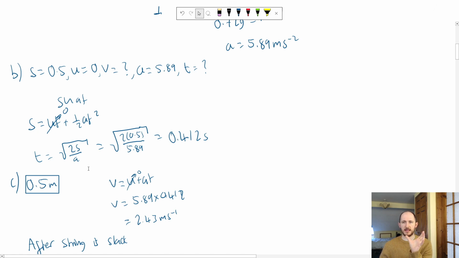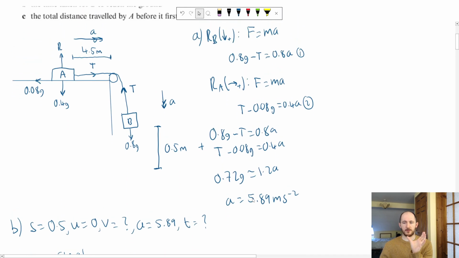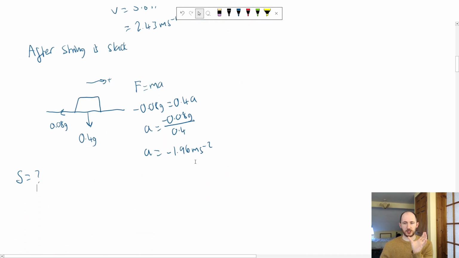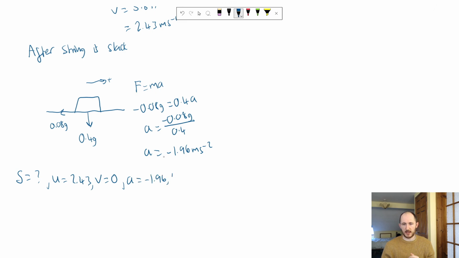When we did this half a metre, the acceleration was positive 5.89. Now the acceleration has changed, we have to set up new equations. The initial velocity is 2.43. What would the final velocity be? It would be 0, because we're seeing how far it travels in total. A is negative 1.96, and T is unknown, and we don't care.